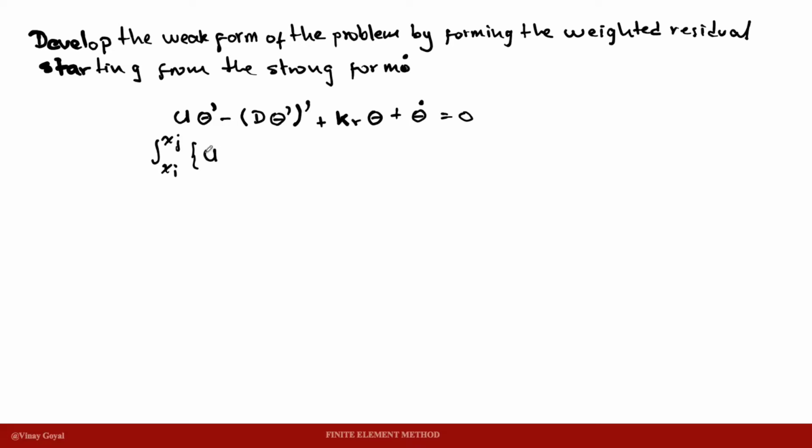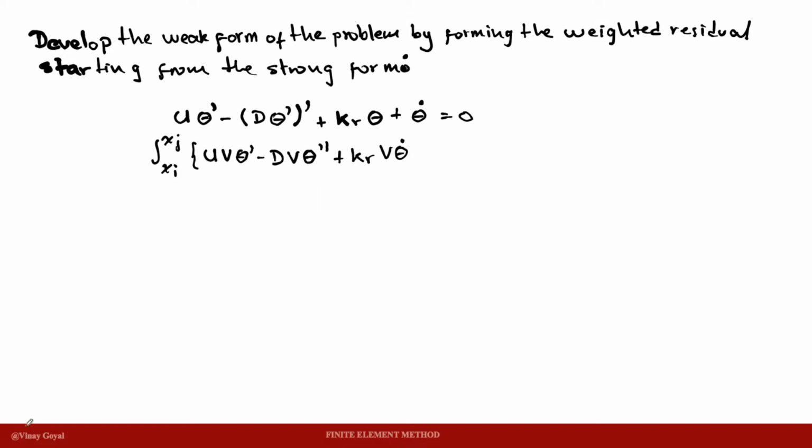We want to make this strong form, this equation, orthogonal with respect to the weighted function. So we multiply, we dot every single term of the partial differential equation by v, which is the weighted function.